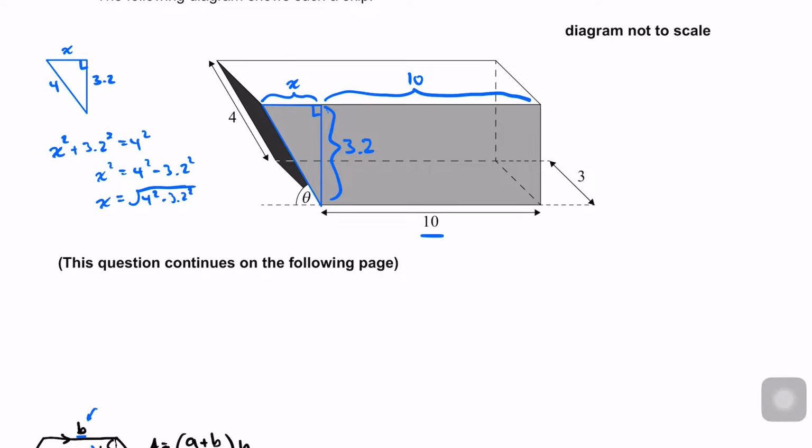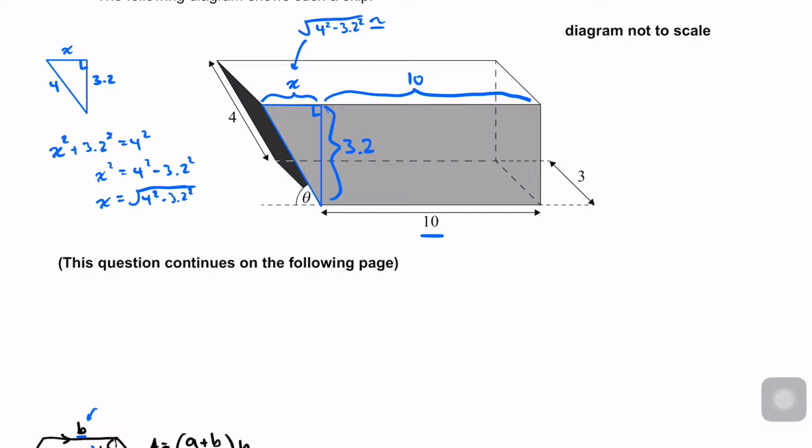All right, so what is this value? This value is actually the square root of 4 squared minus 3.2 squared. Okay, so let's go ahead and work that out. If you're comfortable approximating it to a decimal and then going from there, you can certainly do that. Just make sure to keep enough significant figures.